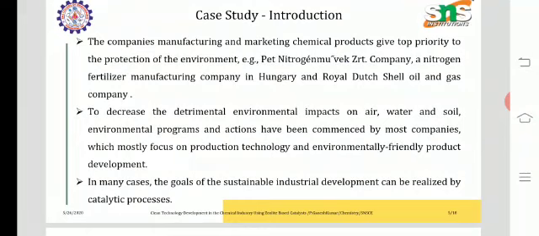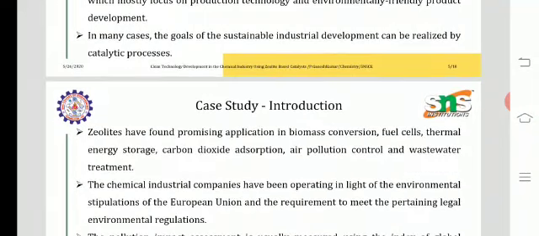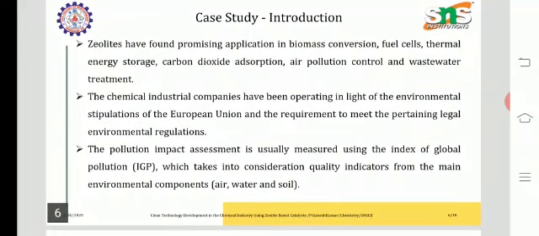In many cases, the goals of sustainable industrial development can be realized by catalytic processes. In this catalyst area, zeolite has been found to have promising applications in biomass conversion, fuel cells, thermal energy storage, carbon dioxide absorption, air pollution control and wastewater treatment.